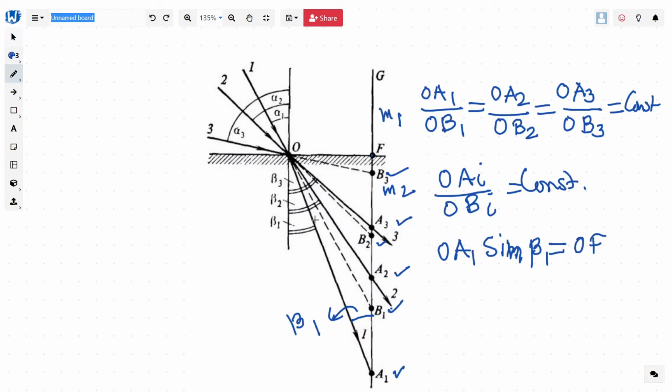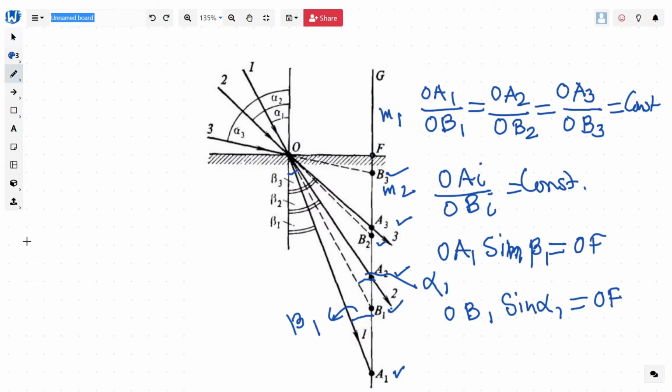Similarly, this is the angle of incidence alpha 1 without refraction, this ray is coming like this. So this angle here will be equal to alpha 1, and because these are parallel, this will also be equal to alpha 1, and hence we can write OB1 sine alpha 1 is equal to OF.